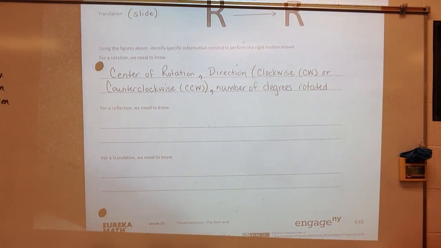All right, let's talk about a reflection. For a reflection, here's what we need to know. We need to know the line of reflection, which acts as a perpendicular bisector to each segment that joins a given vertex of the pre-image with the respective vertex of the image.